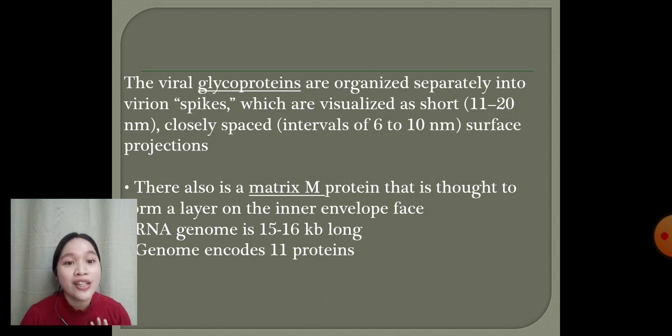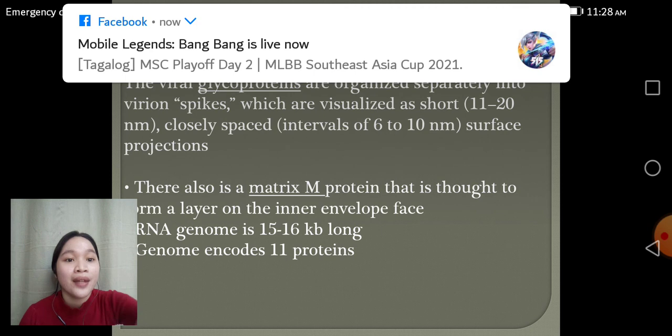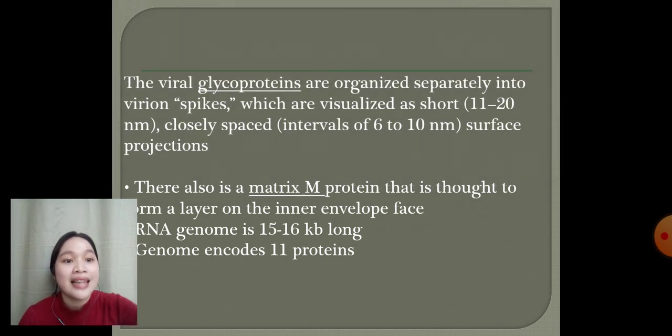There is also a matrix M protein that is thought to form a layer in the inner envelope phase. The RNA genome is 5 to 6 kb long and the genome encodes 11 proteins.